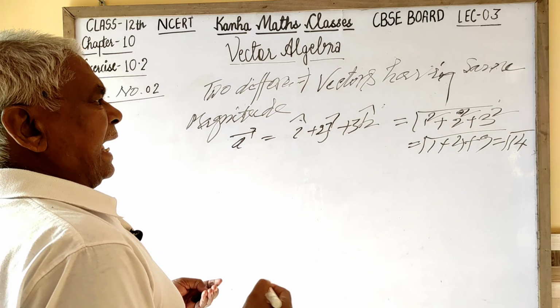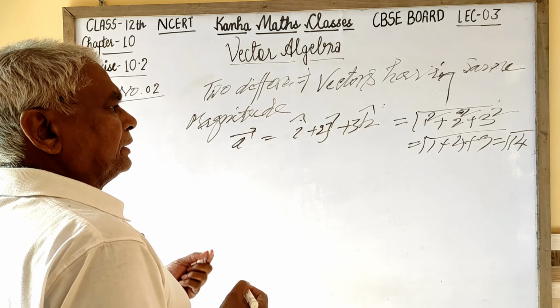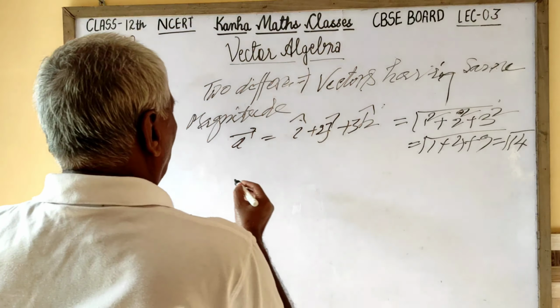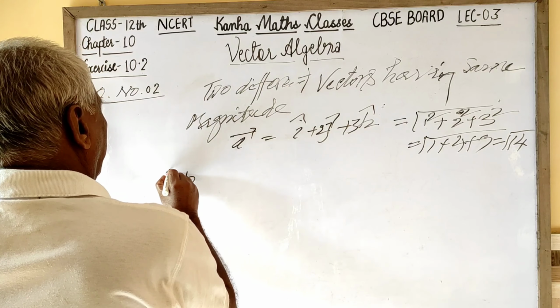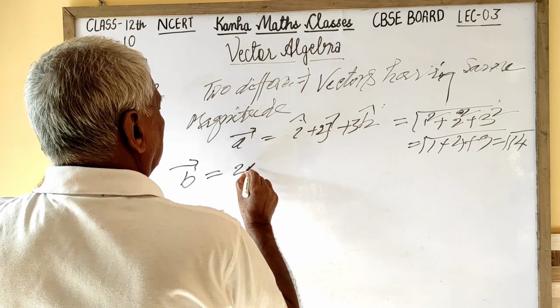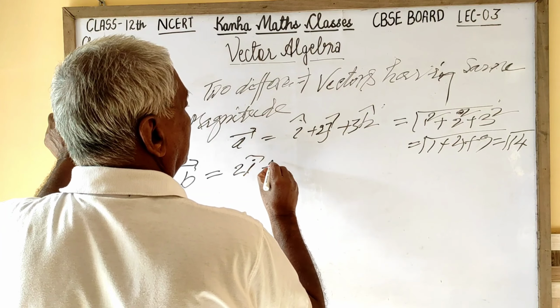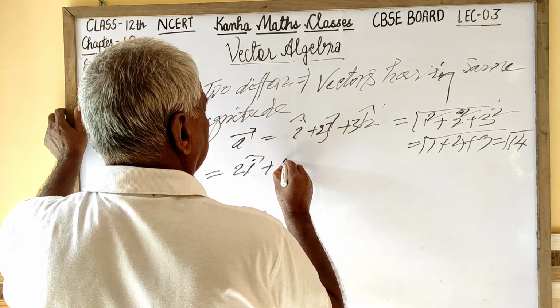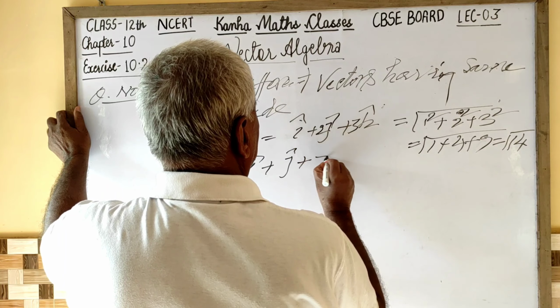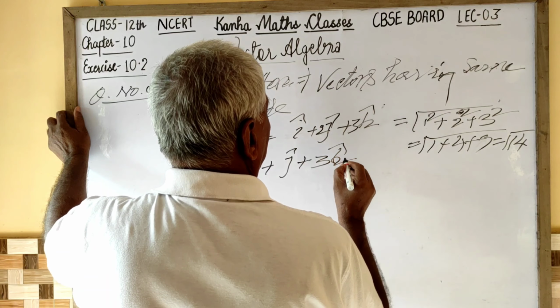We have to write another vector whose magnitude is also under root 14. Now we may write another vector B as 2i plus j plus 3k.